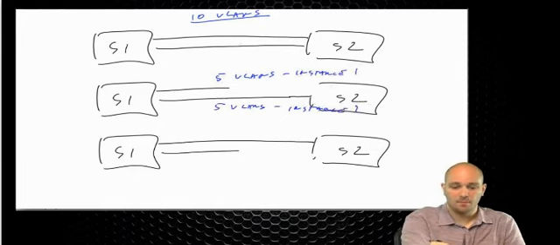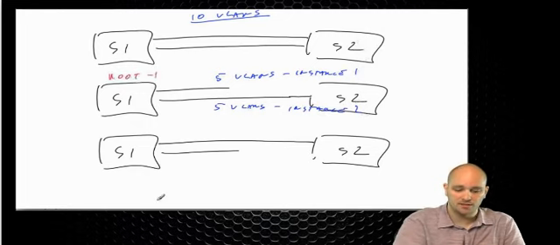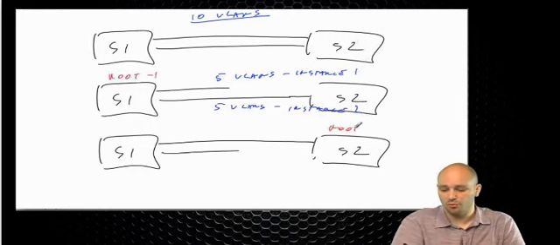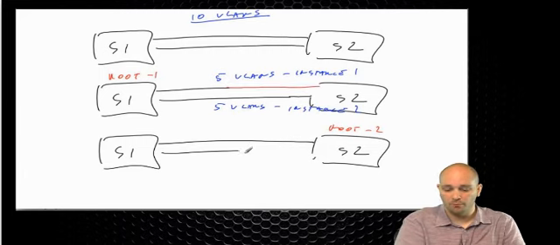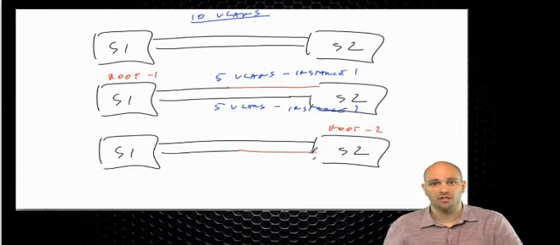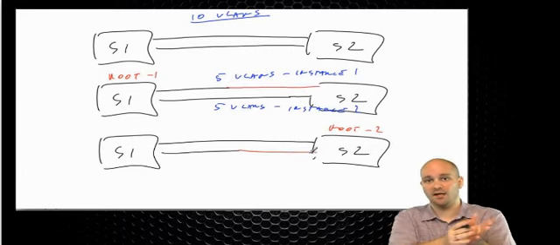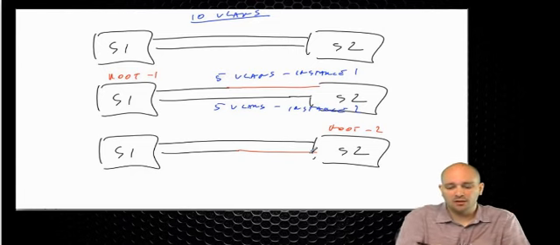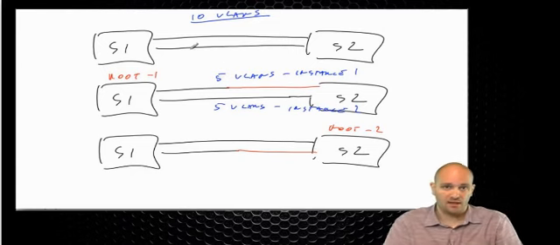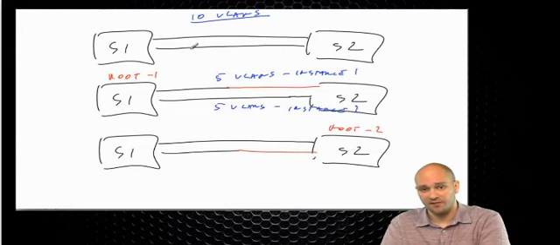That means that if we create this as the root for instance 1 and this as the root for instance 2, we are effectively going to be using both links in our topology with 5 VLANs using one link and 5 VLANs using the other link. So we don't create 10 instances like we did with per VLAN spanning tree, but we create only 2 instances that we need.